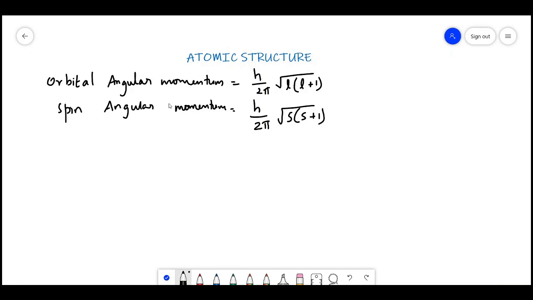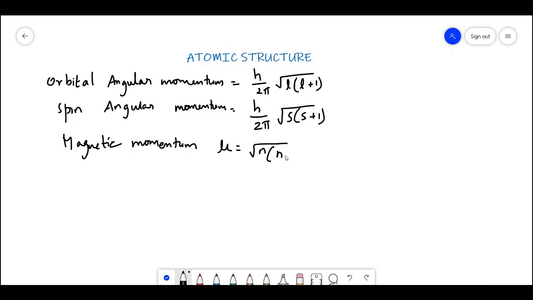And the third formula is very important. It is to find spin magnetic moment. If you want to calculate the magnetic moment, it is mu equal to under root of n into n plus 2, where n is the number of unpaired electrons.